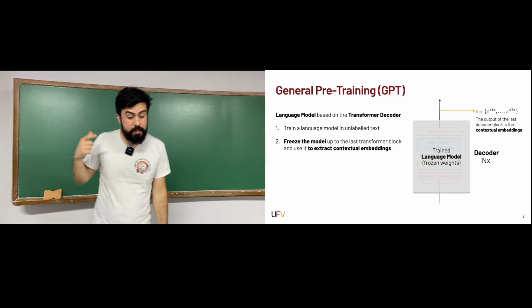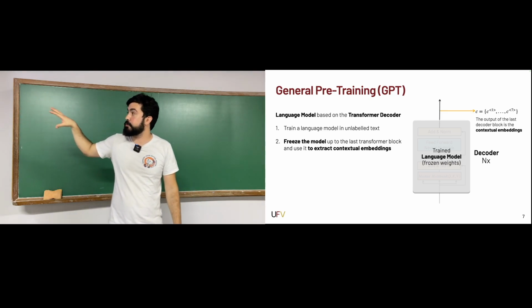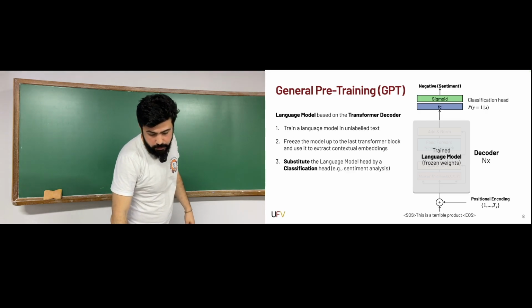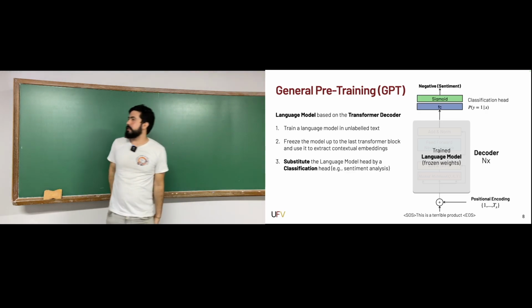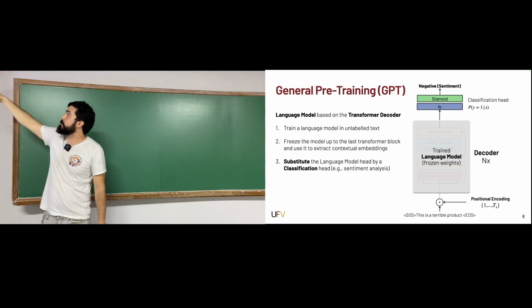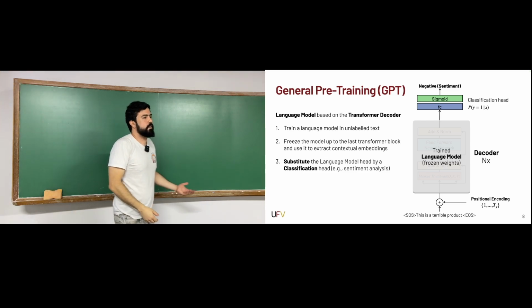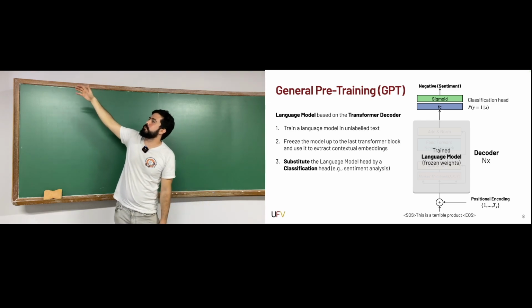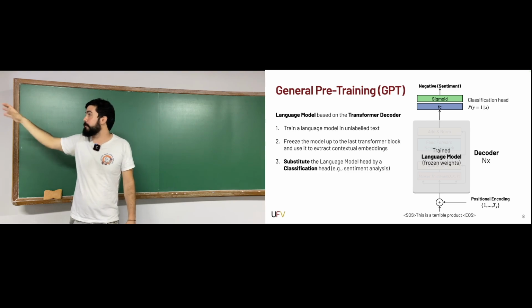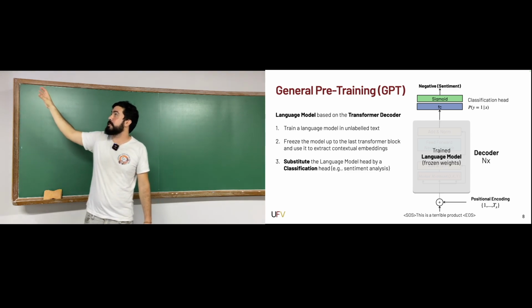And we can use this trained language model to extract contextual embeddings. What is cool about this is I can simply substitute the language model head with a classification head. So I add a new fully connected layer. Now it's a sigmoid, because I'm using as an example a binary classification problem, sentiment analysis.